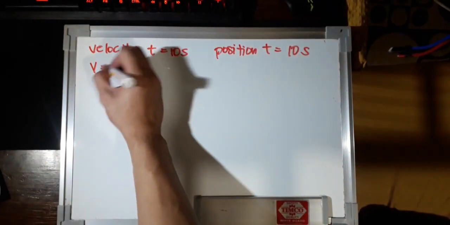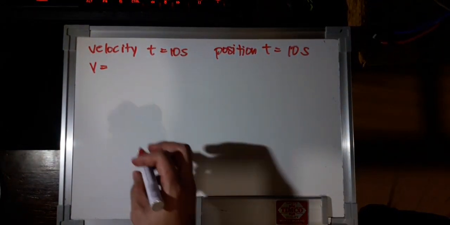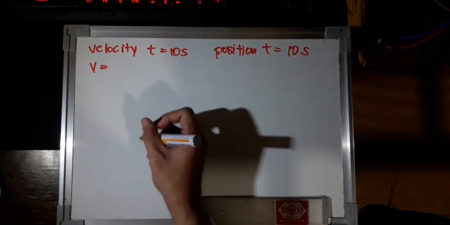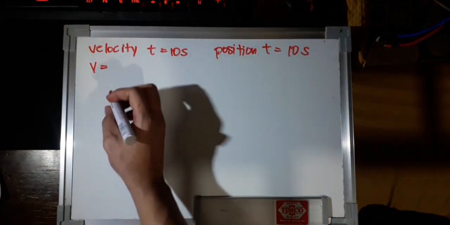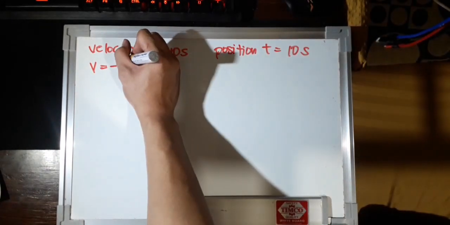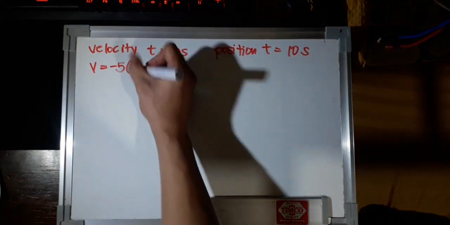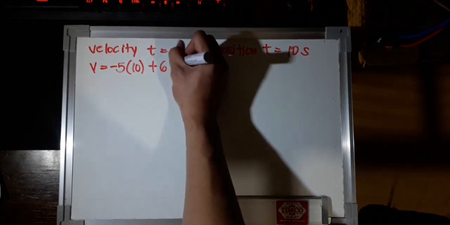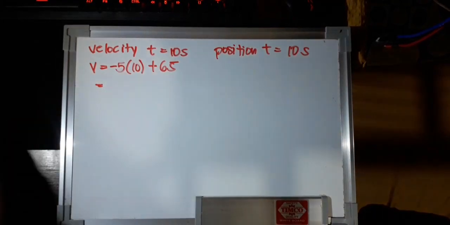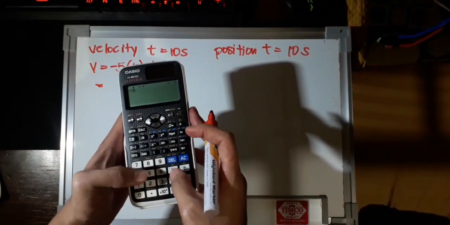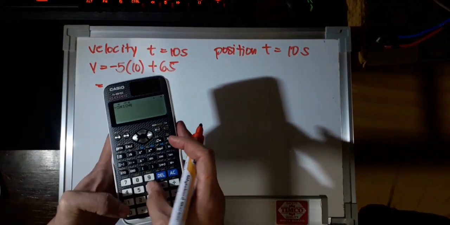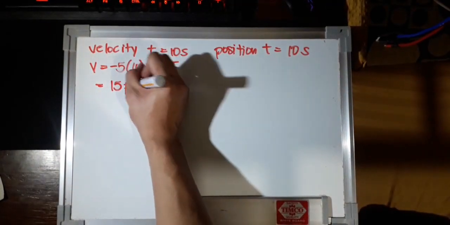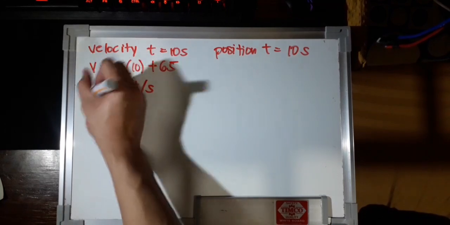So the equation that we have kanina is negative 5t plus 65, diba, for the velocity. So substitute lang natin yung given na time, which is 10 seconds: negative 5 times 10 plus 65. That is 15 feet per second dahil velocity.